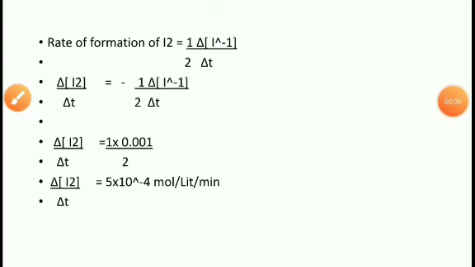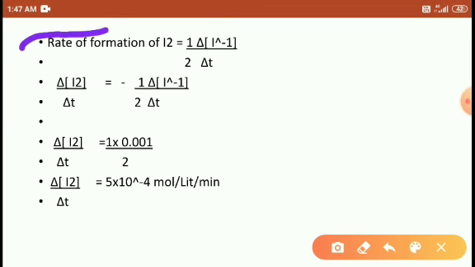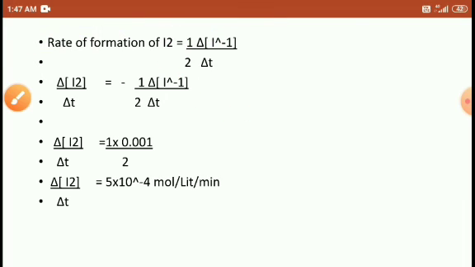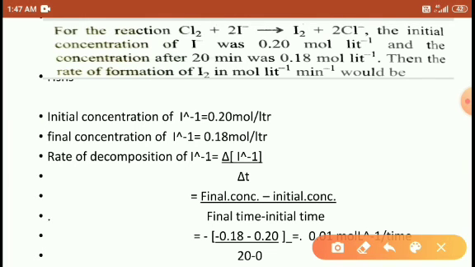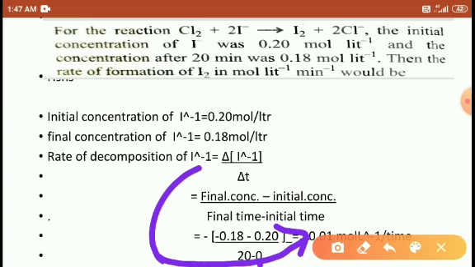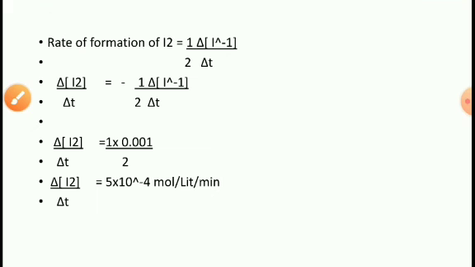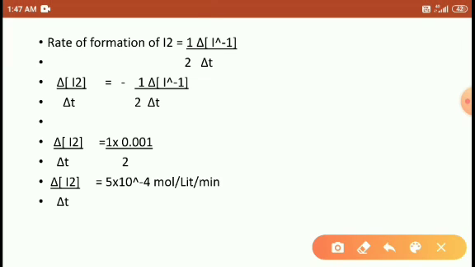This is okay, students. Now we are finding the rate of formation of I2, right? How do we have to find it? With respect to the concentration of I minus, right students? Look here, the I minus rate we already found here, 0.01 moles per liter per time. With respect to the I minus concentration, we are finding the rate of formation of I2.